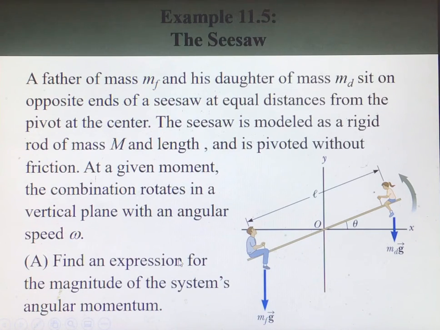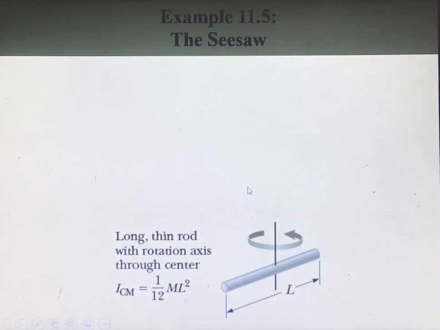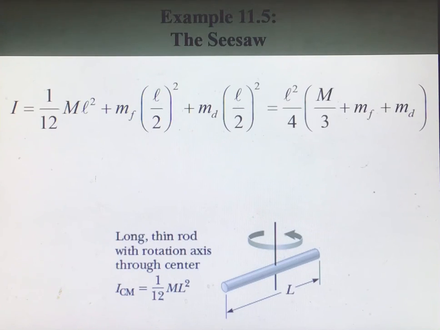We want to find an expression for the magnitude of the system's angular momentum. So we have the angular momentum of the seesaw. We can think about this as a thin rod that has a length L and is rotating about the center. So the moment of inertia about the center of mass is 1/12 ML squared.